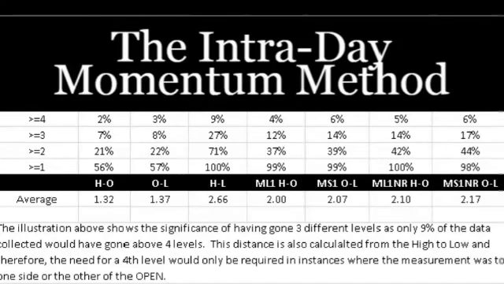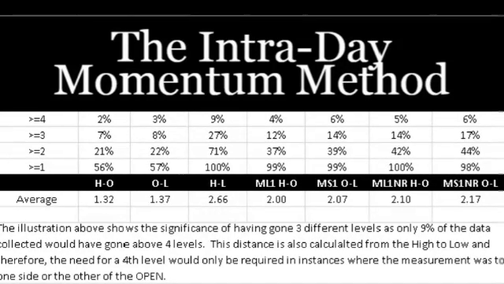And this is based on a calculation of the entire range and not just the open. So when you look at the ML1 from high to the open, only 4% of the data would have needed an additional level to capture the entire day's trading activity. Same thing with the downside, it was a little bit higher.